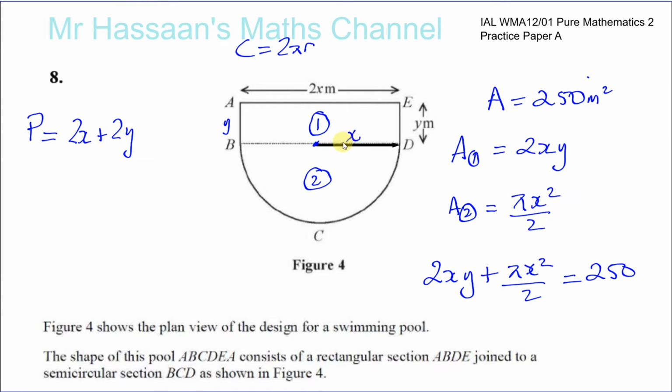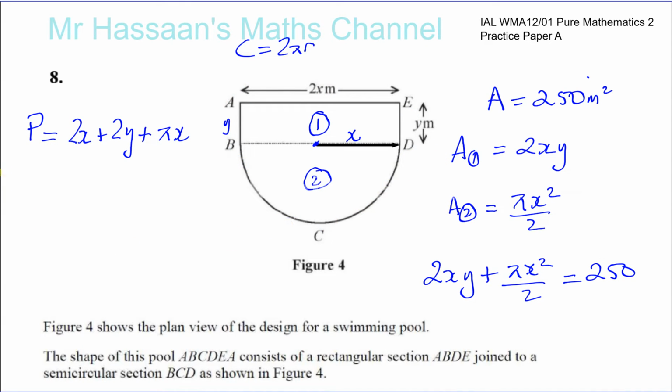Now r is x, and we've got 2 pi r for the whole circle, so it's 1 pi r for half the circle. We only want this part here. So it's plus pi x, like 2 pi x over 2, the 2's will cancel. So that is now an expression for the perimeter of this shape.